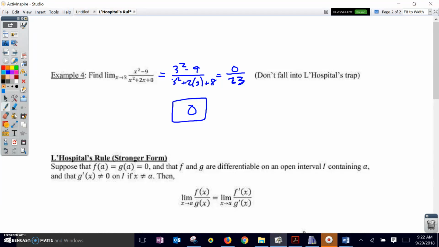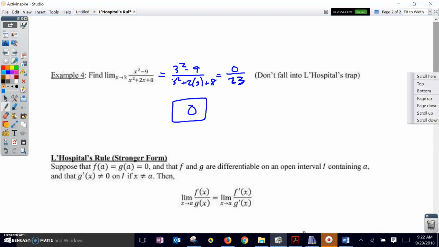This example is here to illustrate to you not to fall into L'Hopital's trap. Just because we now know L'Hopital's rule works for functions of the form 0 over 0 doesn't mean that we should apply it all the time. If you applied L'Hopital's rule to this, you would get an incorrect limit because this is not a limit of the form 0 over 0 or infinity over infinity.